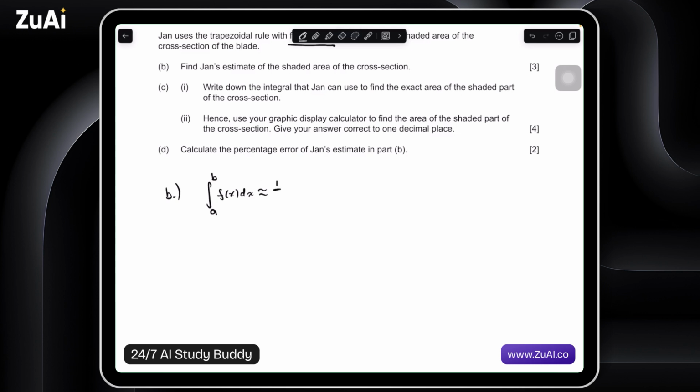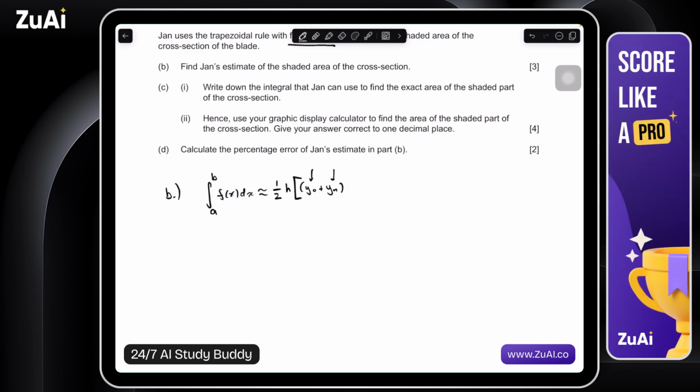And it's 1/2 h, and we'll talk about what h is in a sec. Then we open up some brackets, and we have y0 plus yn. And this would be the first vertical height, and this would be the vertical height at our endpoint. So vertical height at the start, and the vertical height at the end. Maybe we'll label that.